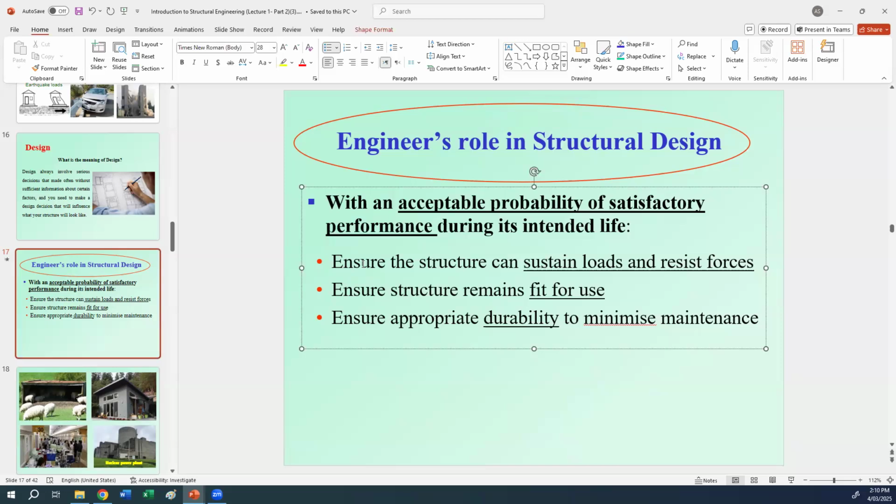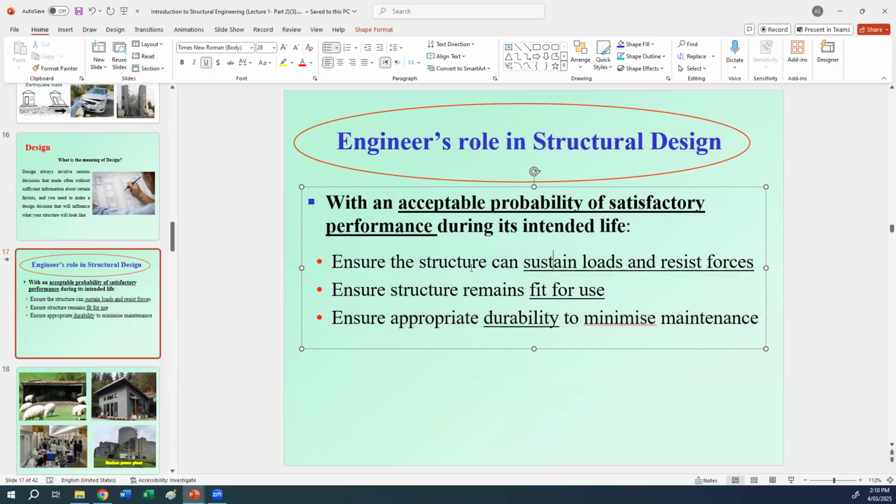This will ensure the structure can sustain the loads, like dead load and live load, and resist forces like lateral load and earthquake loads. Ensure that the structure remains fit for use during the design life of the project. Ensure appropriate durability to minimize the maintenance required during the life.